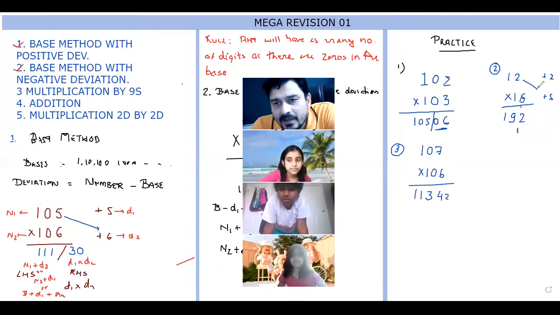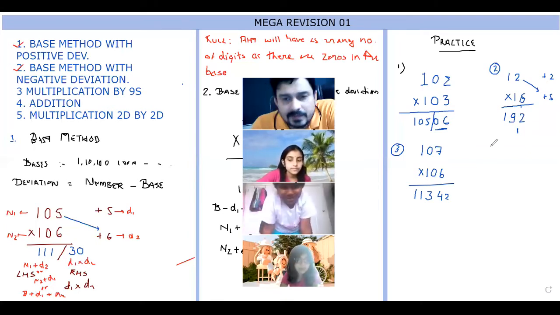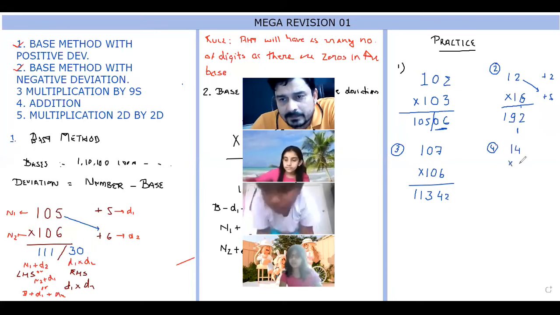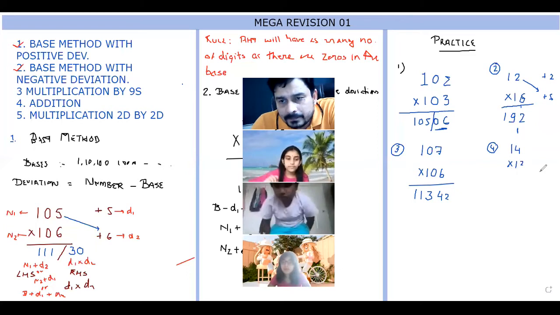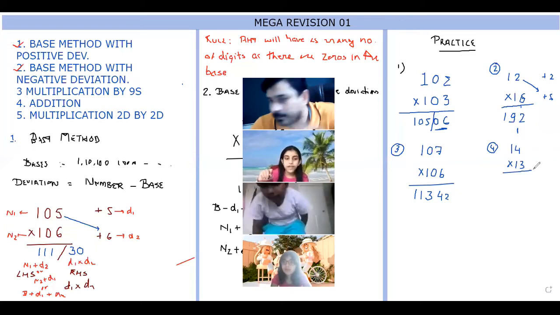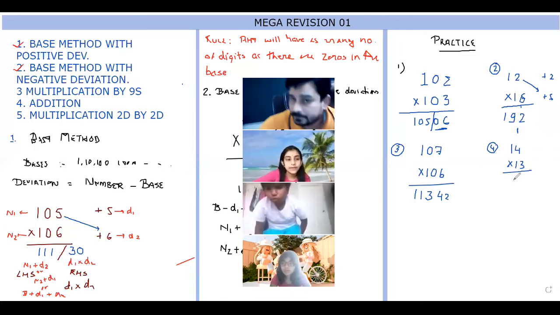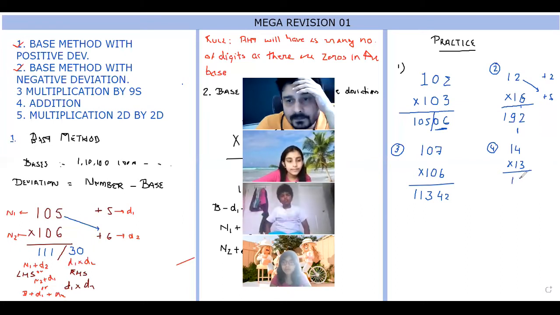Now 12 plus 6 is 18 and 1 from carry, so it becomes 19. Then 14 times 13. 4 times 3 is 12, the answer is 182. 182 is the right answer.